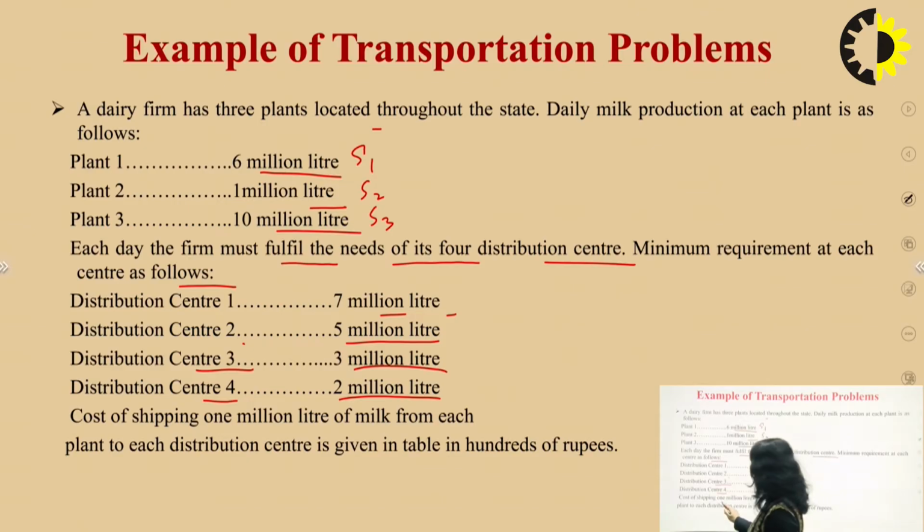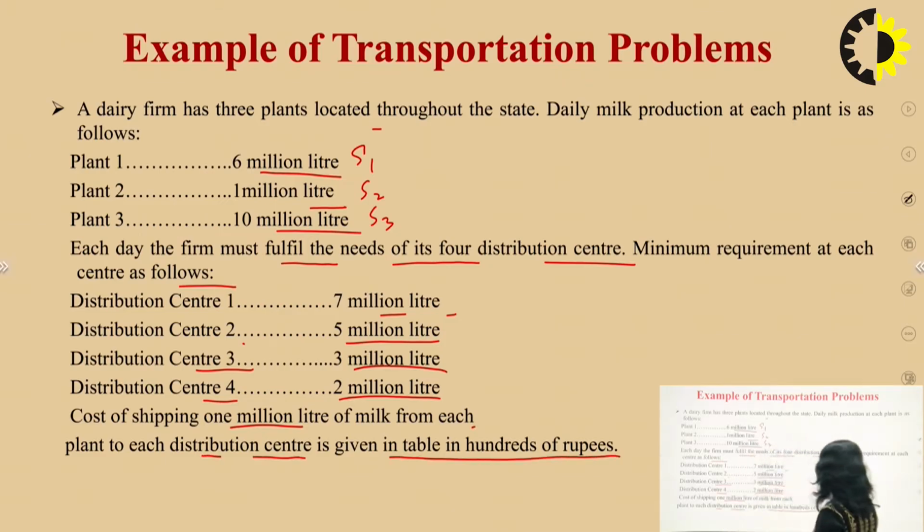The cost of shipping 1 million liters of milk from each plant to each destination center is given in a table in hundreds of rupees.